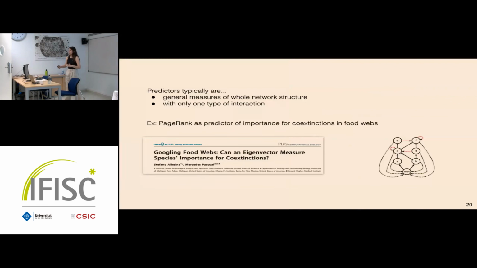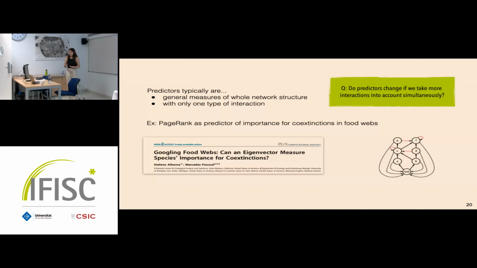Of course, this question has already been tackled in the literature, but the approach was slightly different, basically because they usually take just one type of interaction into account. For example, in this work they discovered PageRank as a predictor of coextinctions, but just for food webs.